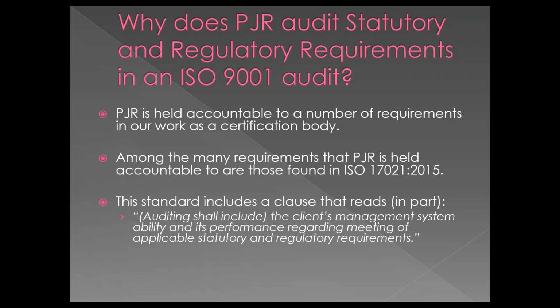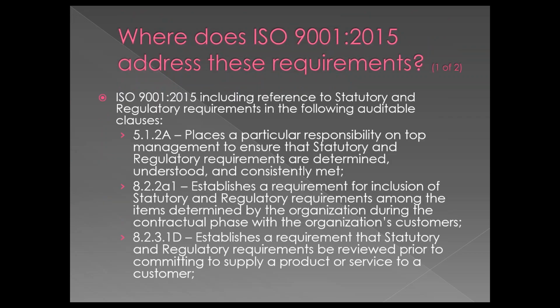Auditing shall include the client's management system ability and its performance regarding the meeting of applicable statutory and regulatory requirements. So we are compelled to look at how your management system is meeting those requirements, and how you have positioned yourself to meet those requirements.